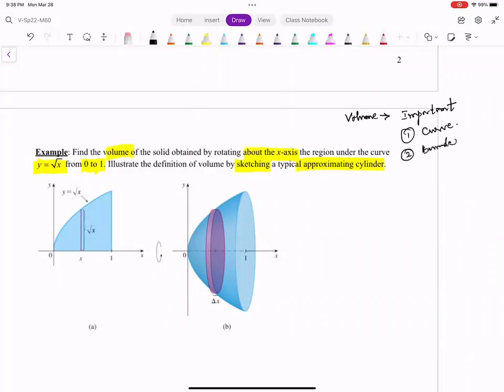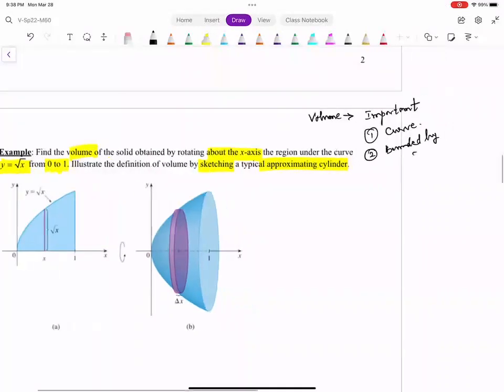Is it x running from a to b, or y running from c to d? Are the y bounds given or the x bounds given? And the third one: what is it rotated about? Is it rotated about the x-axis or the y-axis?